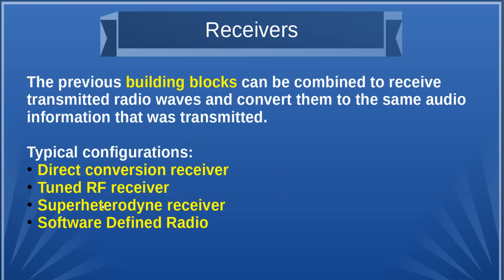Then came the superheterodyne, where you started using mixers to change frequencies to generate an intermediate frequency that was usually a much lower frequency, so that it was easier to filter, just from a component standpoint.